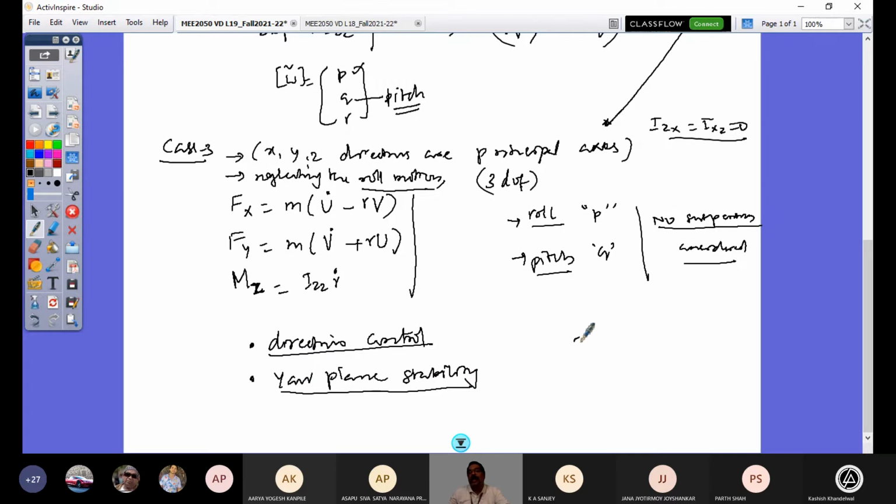So if this is my vehicle, right? This is my vehicle. So I require only the directional control and yaw plane.